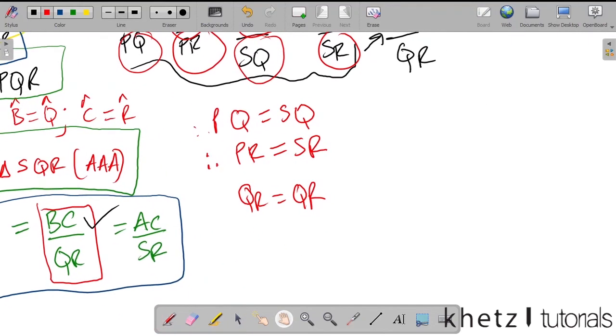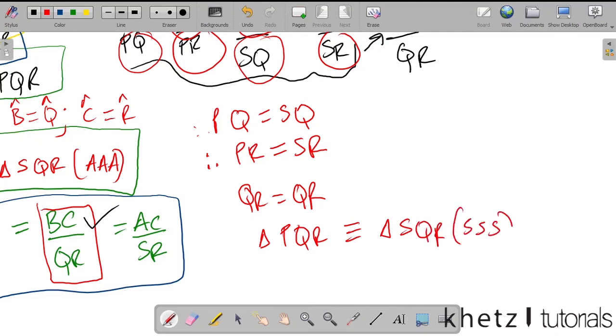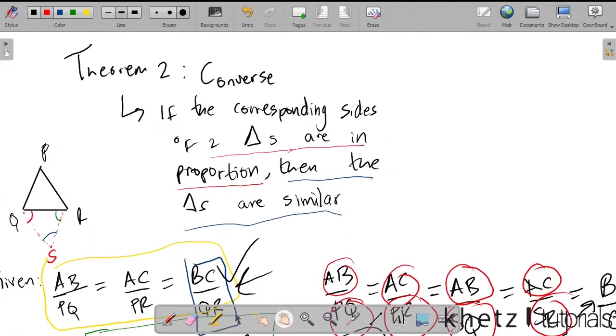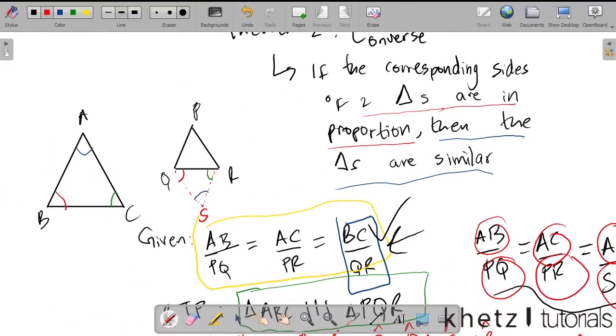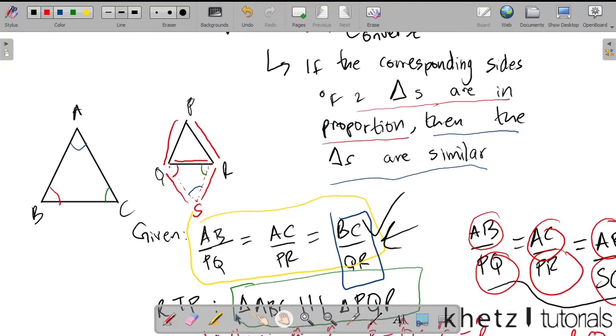Now, this is leading us to this conclusion that we can make: triangle PQR is congruent to triangle SQR. And the reason for that is side, side, side. So PQ is equal to SQ, and PR is equal to SR, and QR is equal to QR because it's common, right?